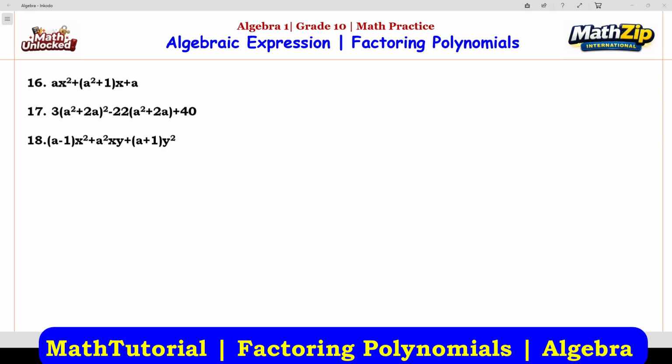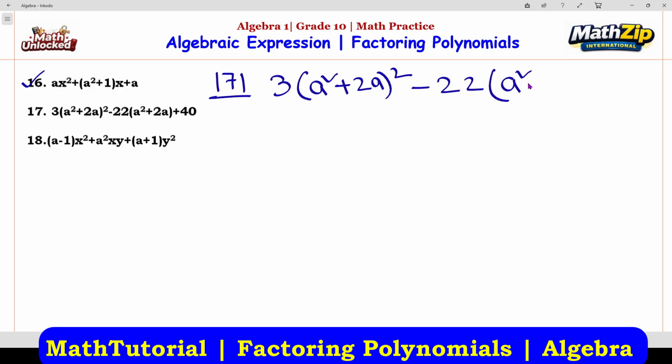Question 17 is very important and a little bit complex. How? Look, 17. Here is 3 times (a² plus 2a) whole square, then minus 22 times (a² plus 2a), then plus 40. Look, here is a² plus 2a and a² plus 2a, so we need to simplify this one.